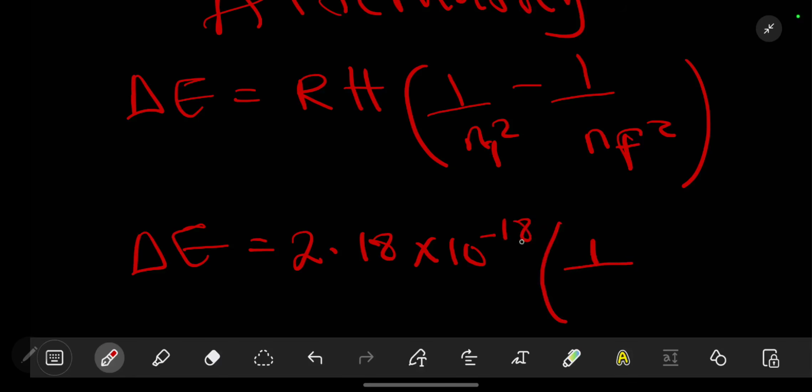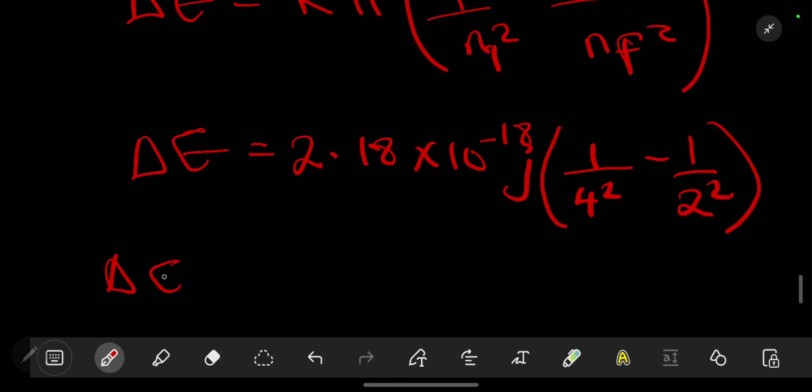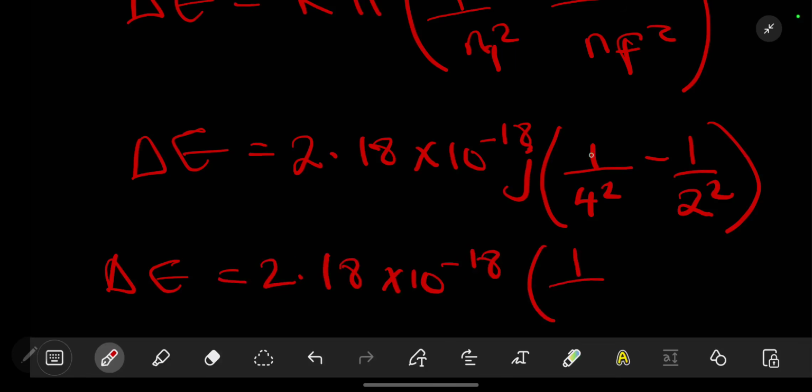1 over the initial position, which is number 4 squared, minus 1 over the final. It is dropping to 2, like that. So we have the change in energy should be equal to 2.18 times 10 to the power negative 18 times 1 over 4 squared, which is 16, minus 1 over 4, like that.